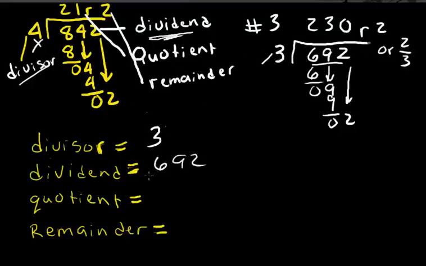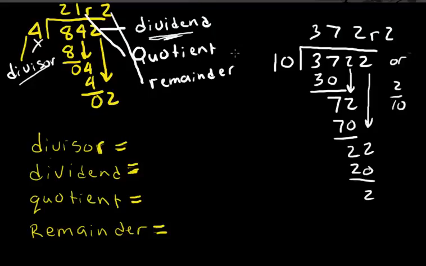Okay, and the quotient is the answer to the math problem, and the answer to our math problem is 230 with a remainder of 2, or 2/3. Okay, and then finally our remainder, we just said that was either 2 or 2/3. Okay, how many people got that correct? Good, excellent, that's perfect.